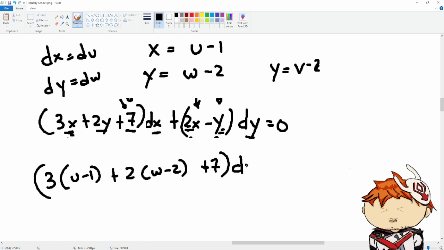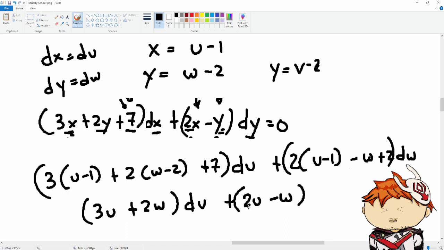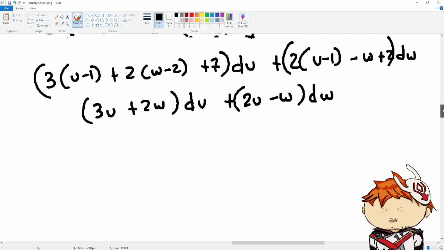So dx will become du plus 2 times u minus 1 minus w plus 2 dw. So this will become 3u plus 2w du plus 2u minus w dw. We now have a homogeneous equation.